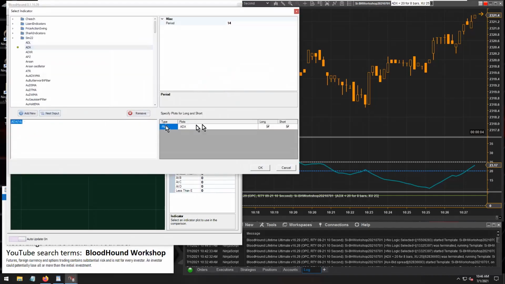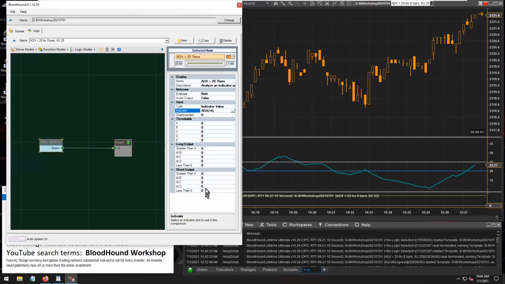There's our ADX. And of course, remember, if you're using a different period, change the period. The ADX only has one plot, so that's already selected for us. And so we're going to put in here the 20 level that we're looking for. And we're actually going to put that in twice.